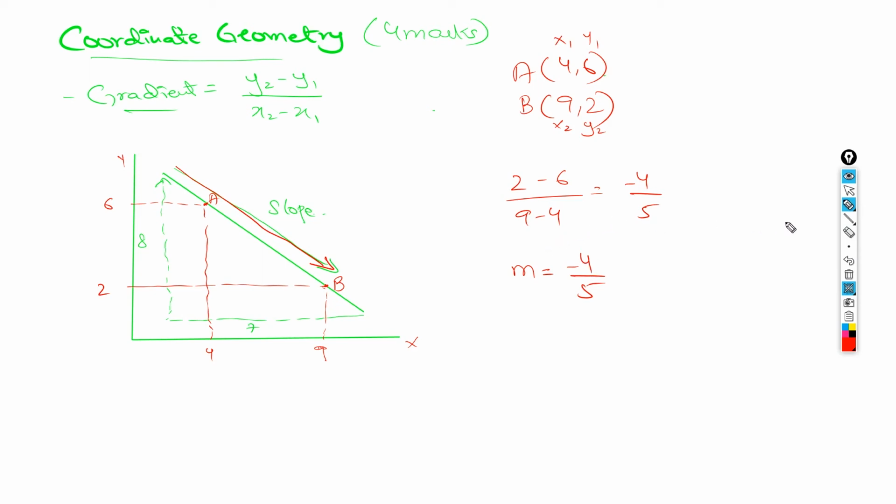Very simple question. Let's do a couple more questions so that we can make sure that we have done the correct thing or not. You'll have to find out the gradients of the following questions.